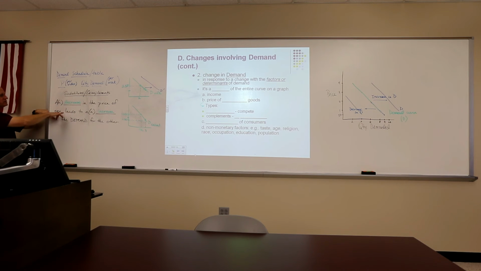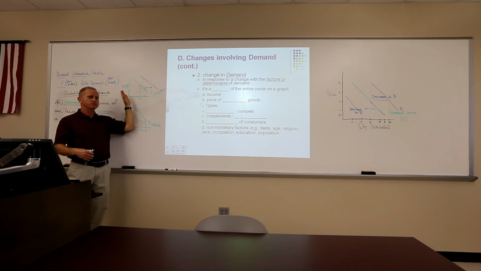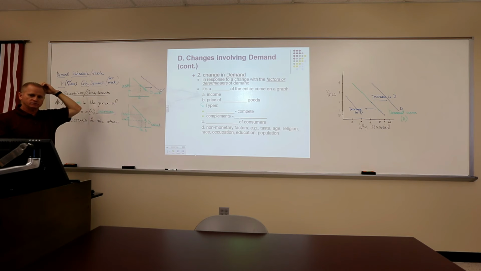An increase in the price of one leads to a decrease in the demand for the other. I didn't do that with substitutes, but you can do the vice versa example of it. And again, those are complements. They are factors that cause at least one of the curves to shift to the right or to the left, shifting of the curves.